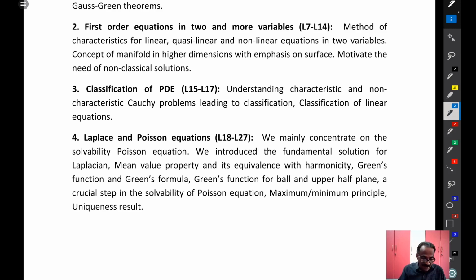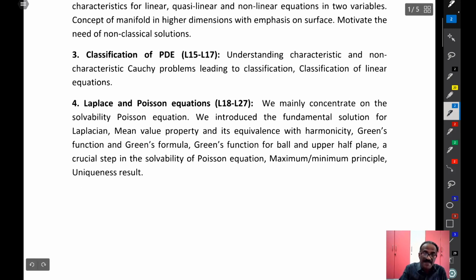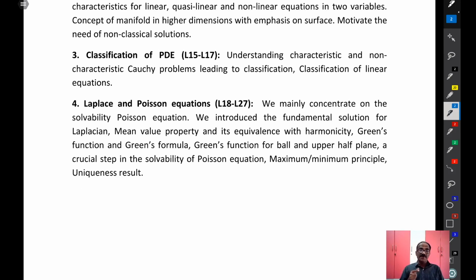After that we explained 3 important equations and gave the motivation why we study them. These 3 classes, elliptic, parabolic, and hyperbolic, have representative candidates: the Laplace equation, the heat equation, and the wave equation. All these equations arise in the literature, and that's one reason why we study them.